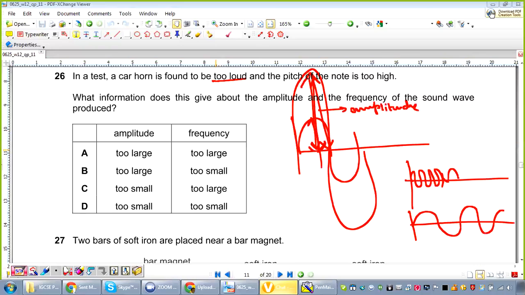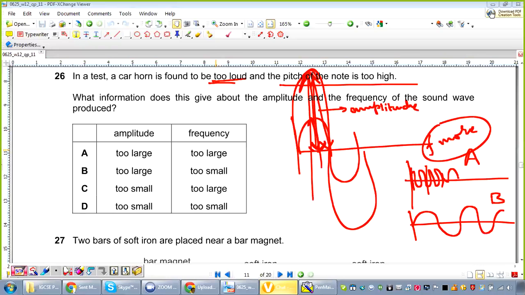While more number of waves are there, in which case is the frequency more out of these both? A. Correct, more number of waves in that much time. So here the frequency is more. Whenever frequency is more, its pitch will also be high. So this part you need to remember very well. Loudness will be high because the height of the wave is higher.